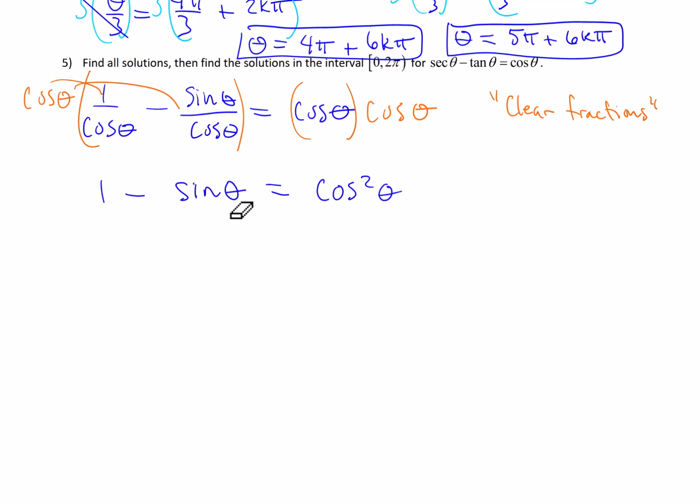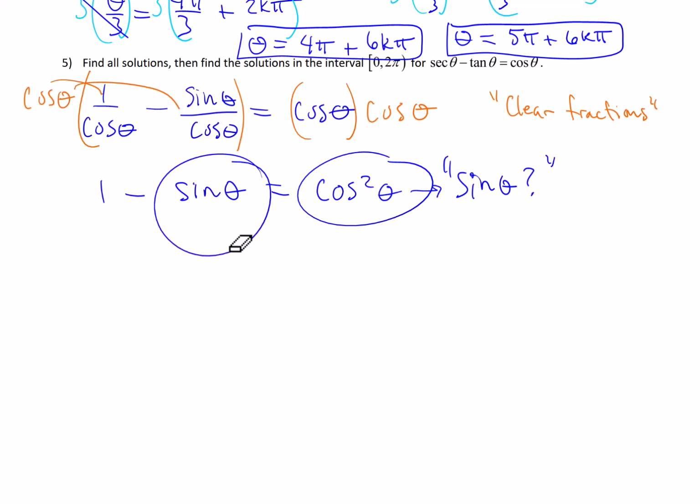So what we might want to do is use an identity to replace cosine squared theta with something that involves a sine theta, right? That's our question. Can I rewrite cosine squared theta in a way that involves sine theta? Because if so, we might be able to get everything in terms of sine and then go that route with the factoring.